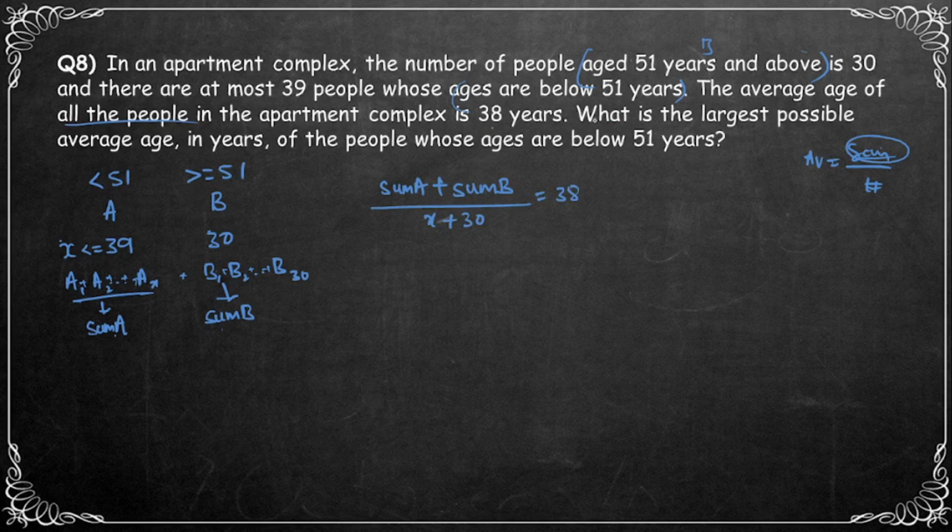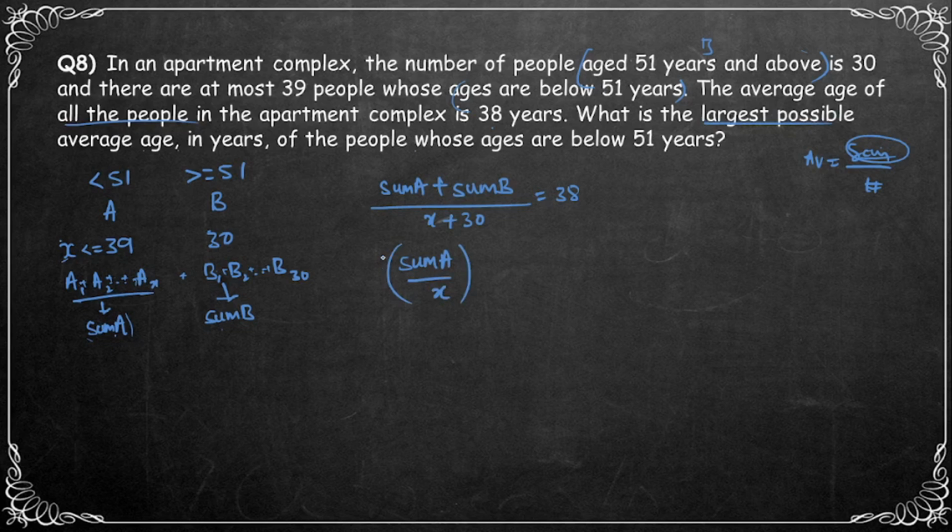Now they are asking what is the largest possible average age of people in group A. So if we take the average age of people in group A, it is the sum of their ages, which is sum A, divided by the number of people, which is x. So sum A divided by x. They are not asking about the average, they are asking about the largest possible average.